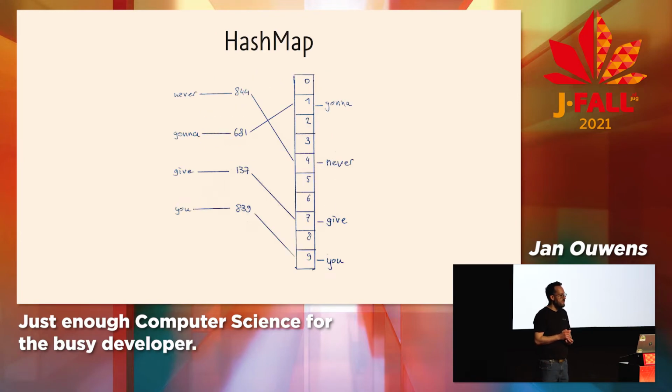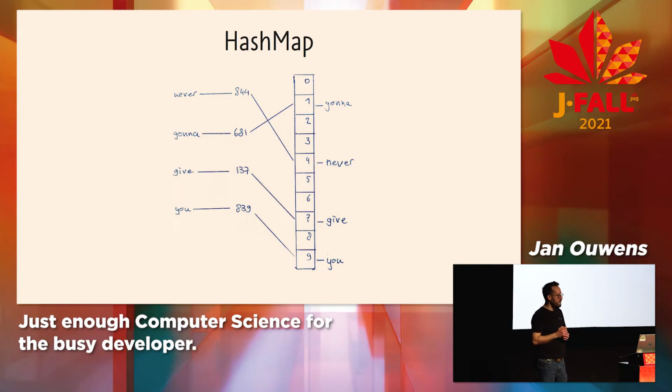Same with hash maps. I don't know if everybody knows how a hash map works internally, but what you do is you take a value, you calculate the hash code, then you take, in this case, basically the last digit of the hash code, and that's the bucket in the hash map that you put the value in.